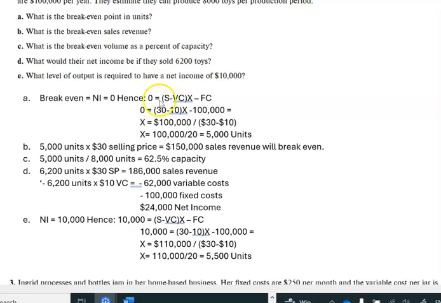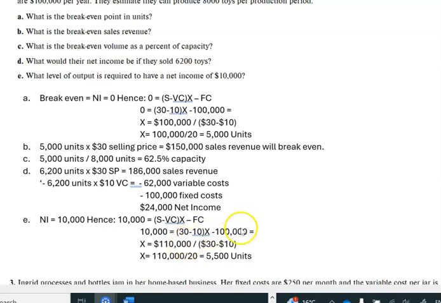So therefore it would be 0 equals your selling price minus your variable cost multiplied by X minus your fixed costs. Okay, so again, we don't want it to be 0. We want it to be 10,000. So again, it's the same formula. So 10,000 equals 30 minus 10 multiplied by x minus 100,000.